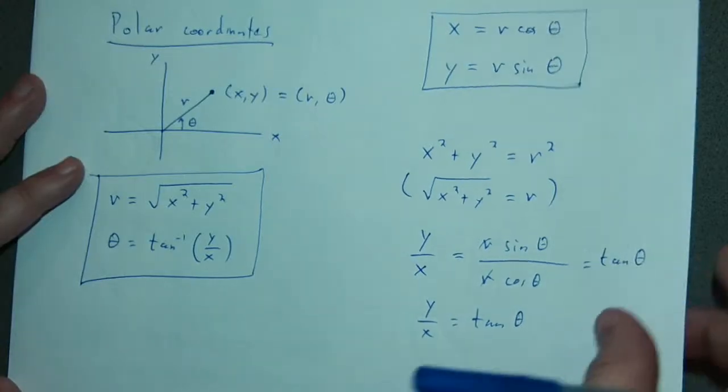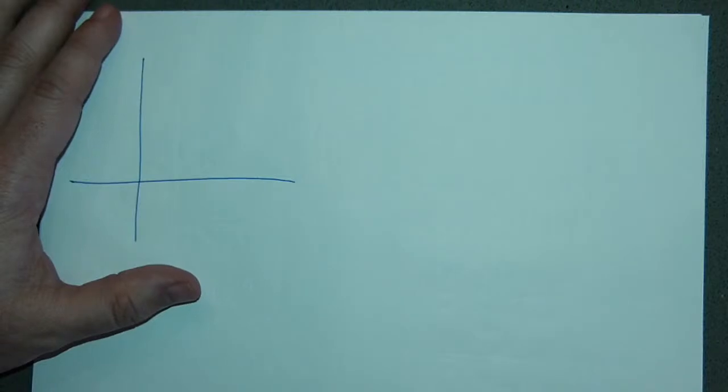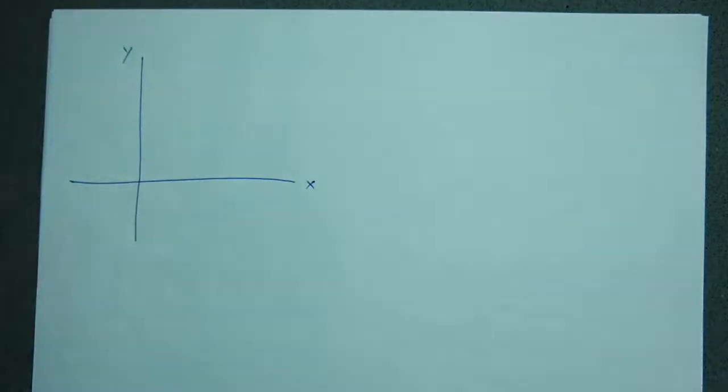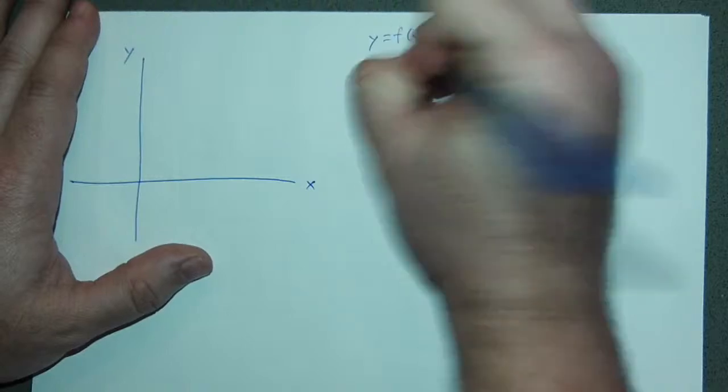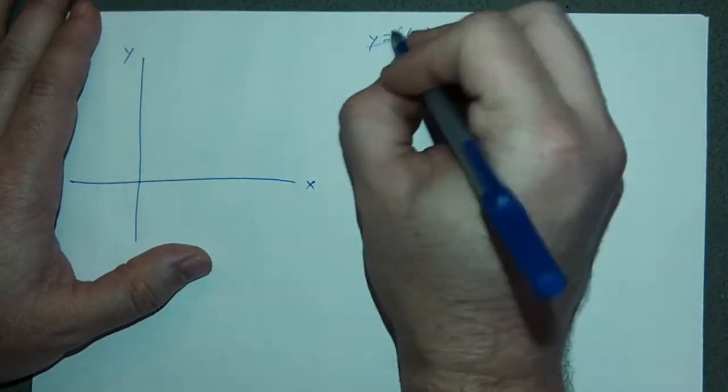So what kind of thing might that look like? Here's the idea. If I consider functions in the xy plane, rather than thinking of y as a function of x, forget about that for a second.